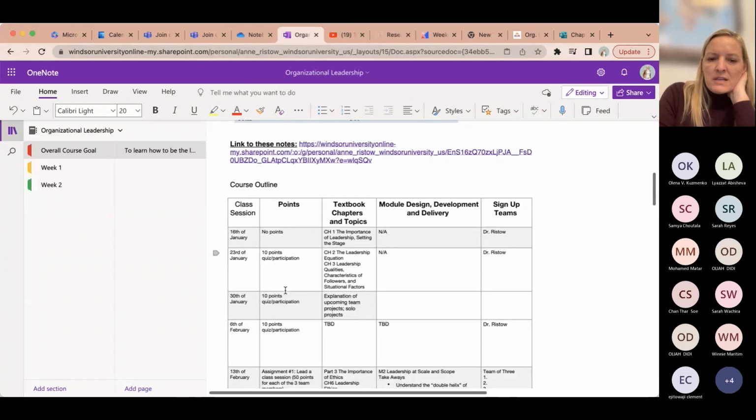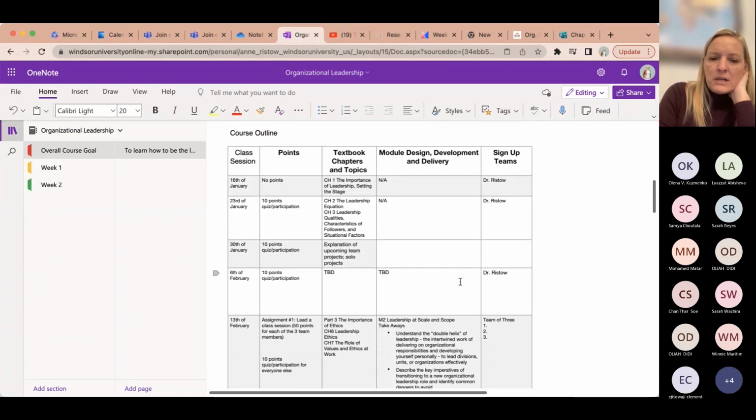So I have started to lay out the course outline. And of course, as soon as I start to lay out the course outline, we have a conflict. Right here, February 6th, my granddaughter's having major surgery.